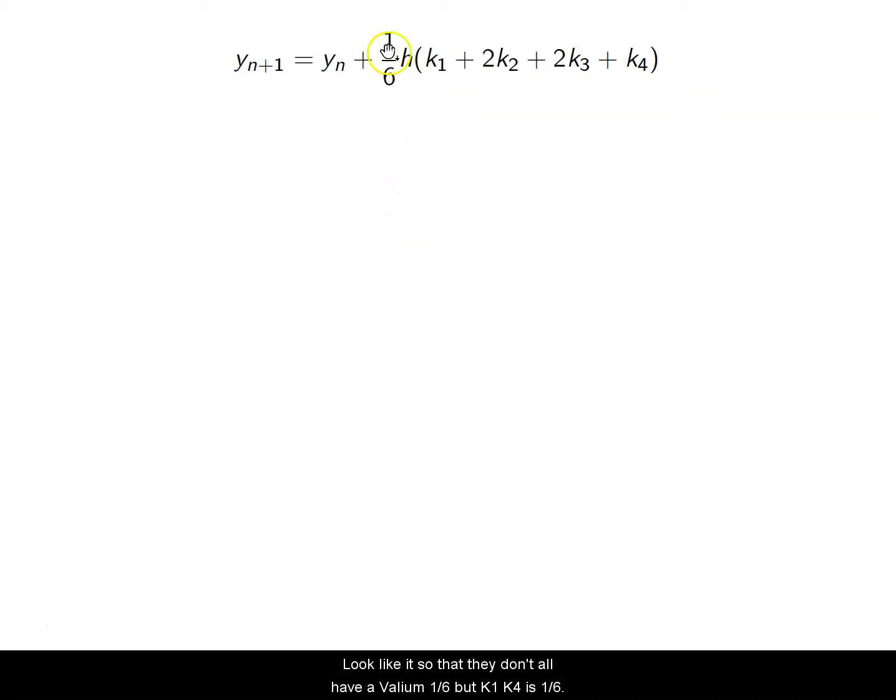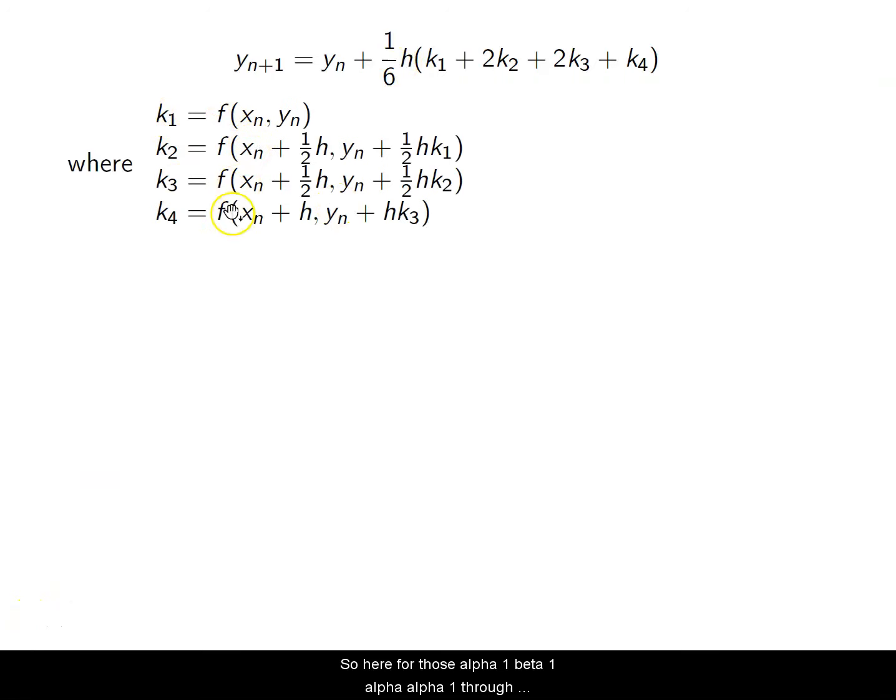So they don't all have a value of 1/6, but K1 and K4 is 1/6. K2 and K3 is 1/3. So we can keep the whole numbers here and pull out the common value of 1/6 out. Okay. So here for those alpha 1 through 4, beta 1 through 4, this is what we have. So some of them are 0, some of them are not, right?